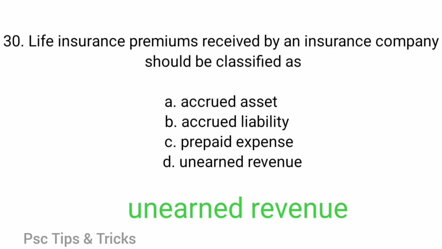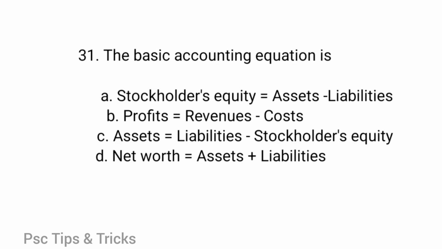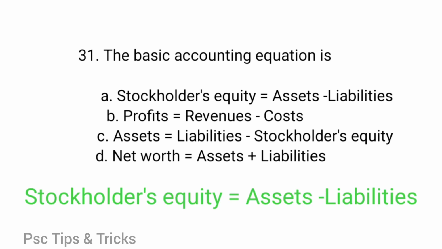Unearned revenue. The basic accounting equation is stockholders' equity equal to assets minus liability, profits is equal to revenue minus cost, assets equal to liabilities minus stockholders' equity, net worth equal to assets plus liabilities. Stockholders' equity equal to assets minus liabilities.